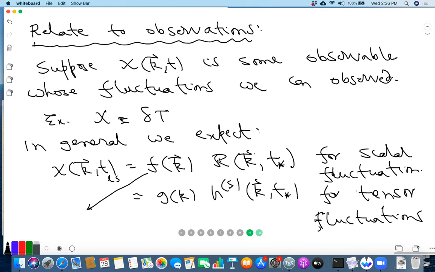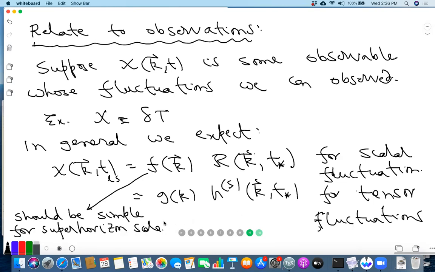So it should be simple for super horizon. But it can be complicated for sub-horizon scales.